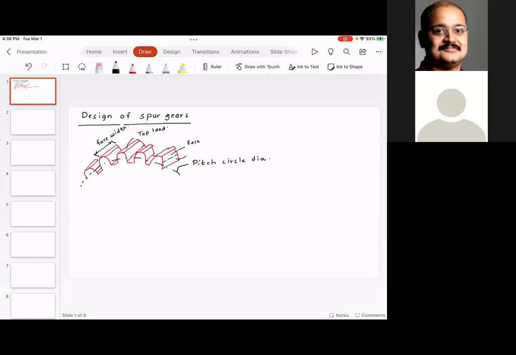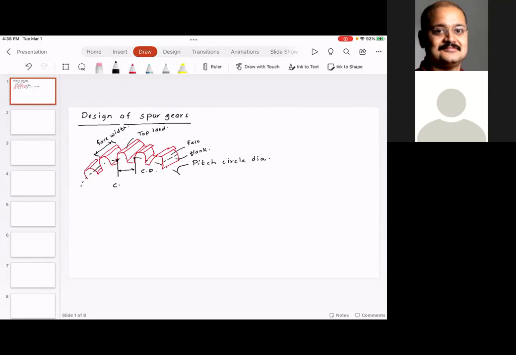The bottom part of the gear tooth is called the flank. And the most important dimension in the gear is something called the circular pitch. So this distance is called the circular pitch, also called CP.